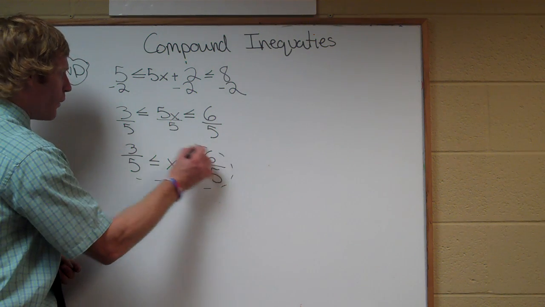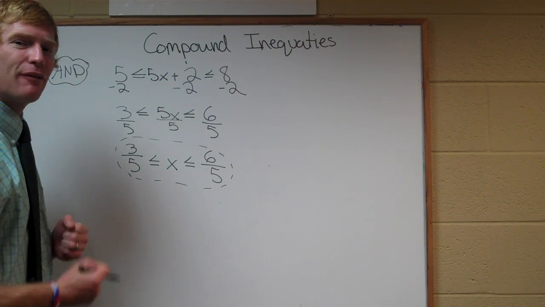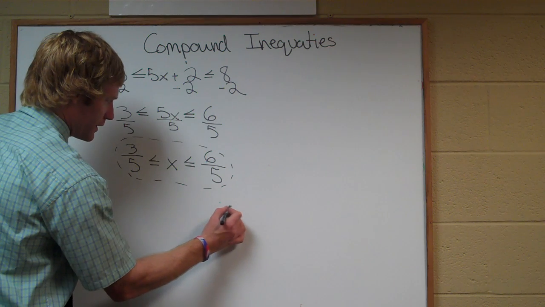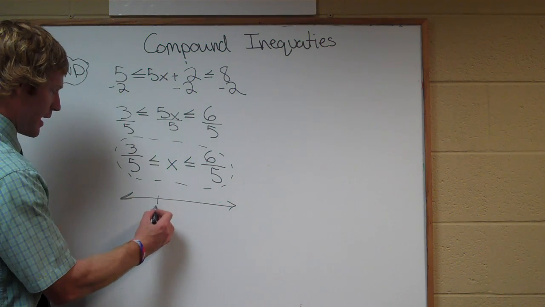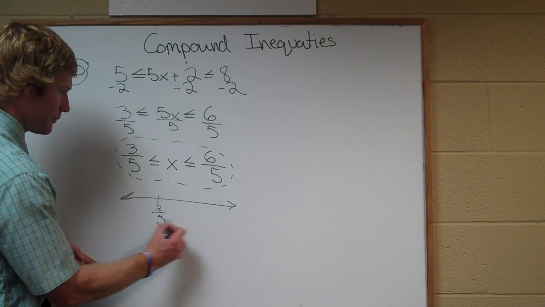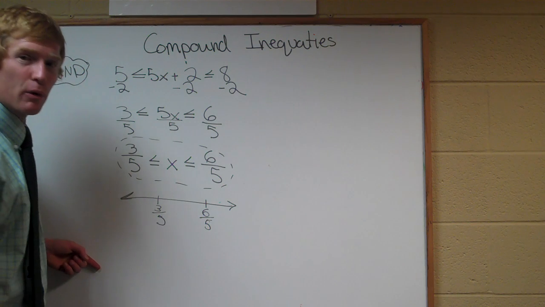Once I get to this point, when we're working with solving, we're always going to ask you to graph that inequality. So at the end, I need to get to my number line. Again, I've got 3/5, and I've got 6/5, and I need to label the graph appropriately.